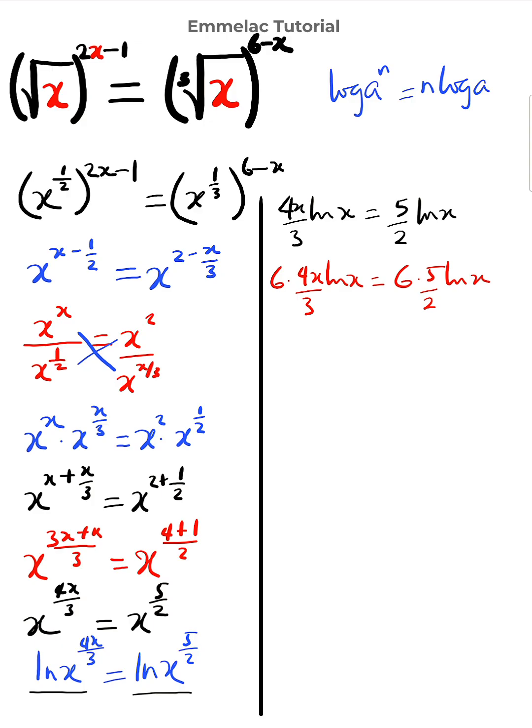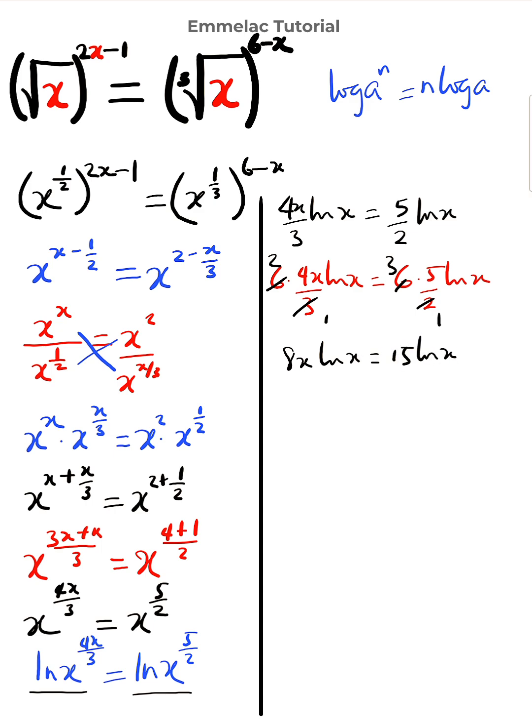Now by doing that, 3 here 1, 3 here 2, 3 here, 2 here 1, 2 here, then 3. So we are left with 8x ln x, then equals 15 ln x.